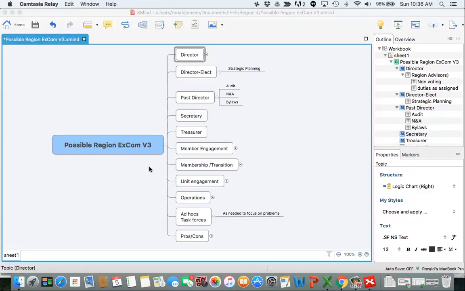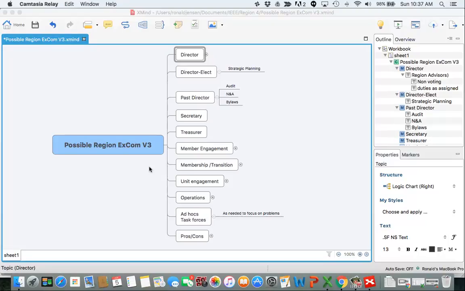There are multiple reasons why you might want to take a look at your organization, and you really should every so often, just to make sure that it's still meeting the needs of your members and volunteers. A lot has changed in society in the last few years, and it's probably worth taking a look at it at this point in time.